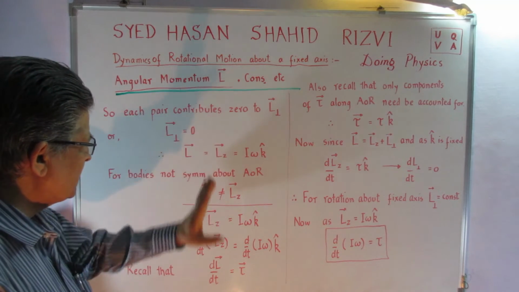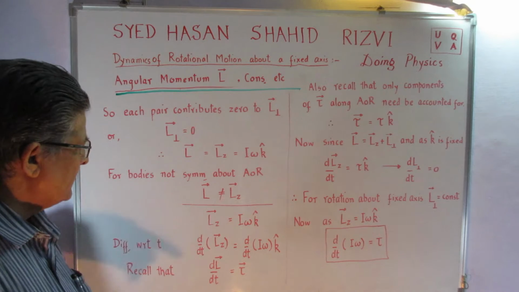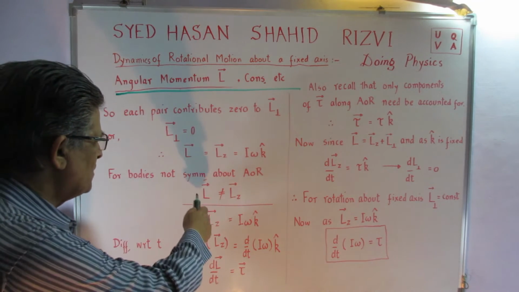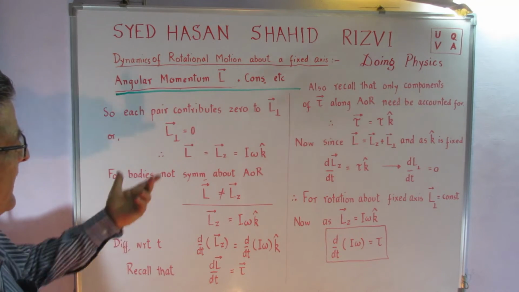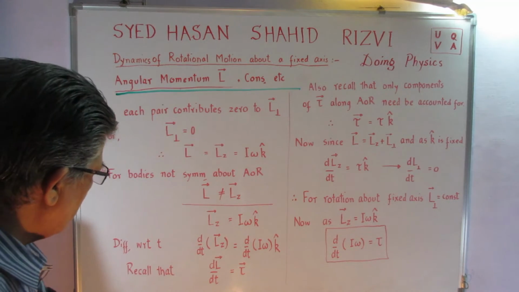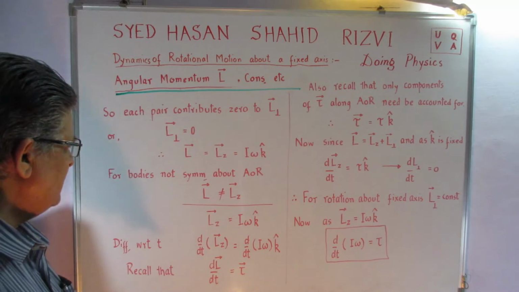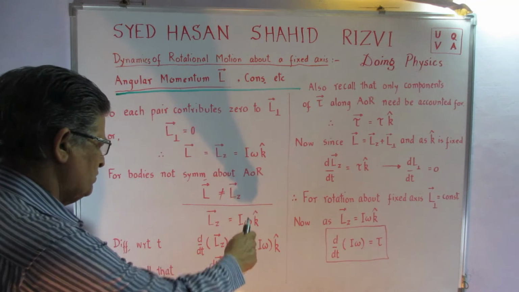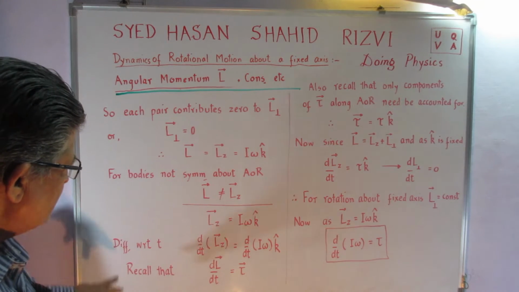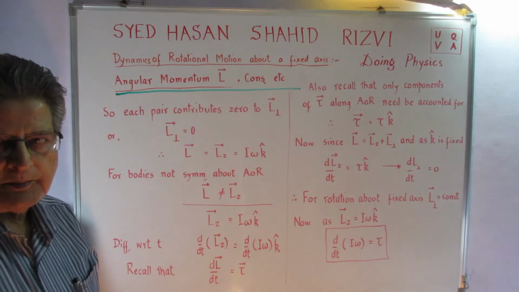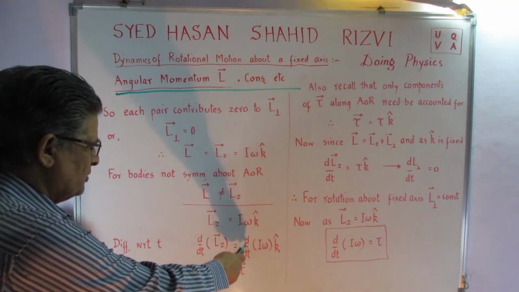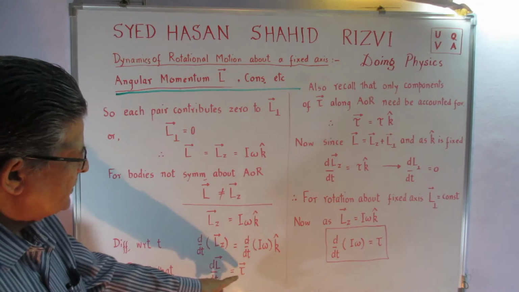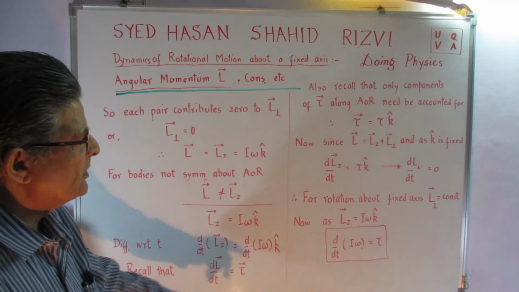For bodies not symmetrical about the axis of rotation, this component Lz is not equal to L. For those which are symmetric, Lz is equal to L. So I can write from here again that Lz is equal to I omega, where this is the moment of inertia into the angular velocity, k cap, and when I differentiate with respect to t, the time, I get d/dt of Lz is equal to d/dt of I omega into k cap. And dL/dt is defined as torque from before.